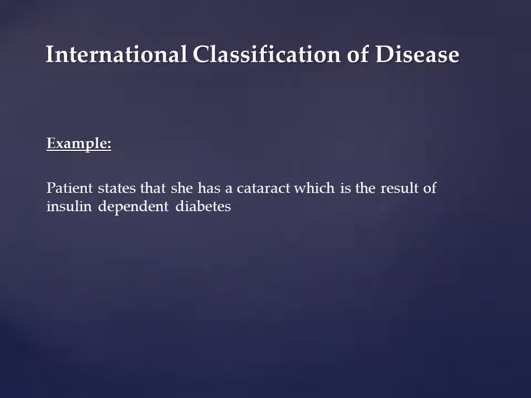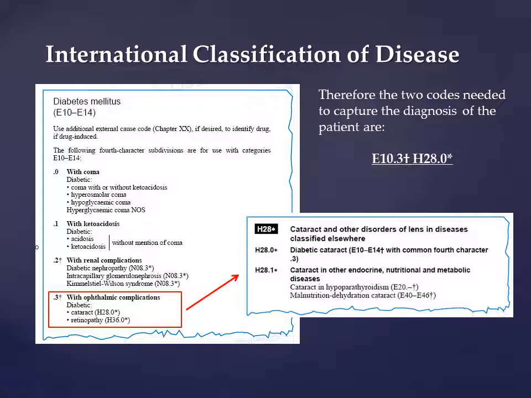For example, the patient states that she has a cataract, which is the result of insulin-dependent diabetes. The combination of code captured diabetes mellitus with ophthalmic complication, which is E10.3 dagger, and the diabetic cataract, which is H28.0 asterisk.